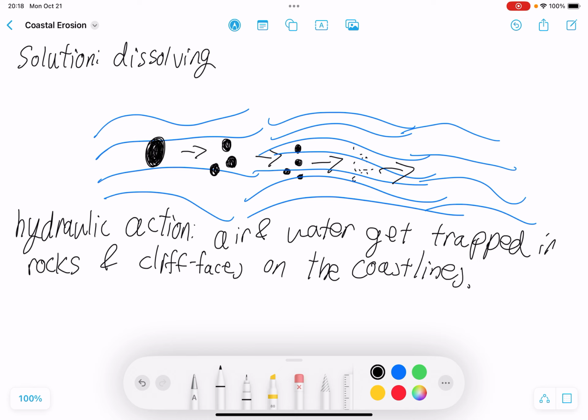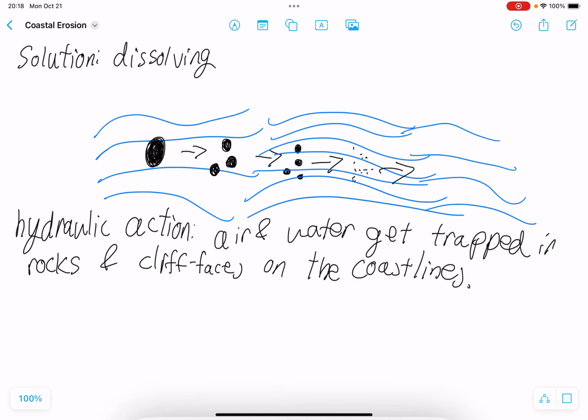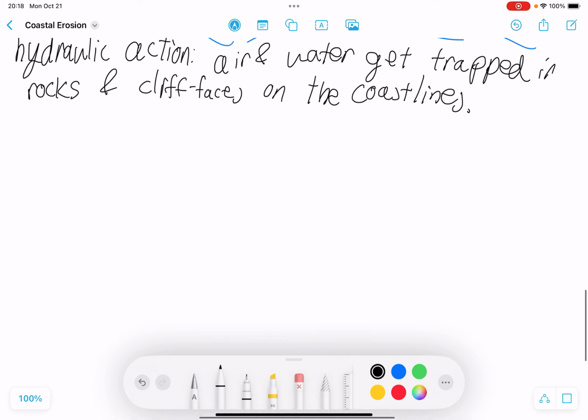This basically causes the rocks to break apart, and part of the cliff will fall out because there are too many cracks caused by air and water trapped inside the cliff faces.